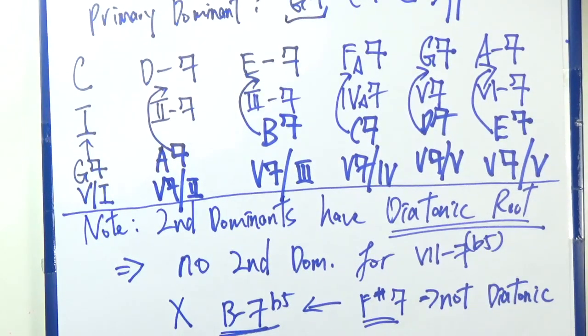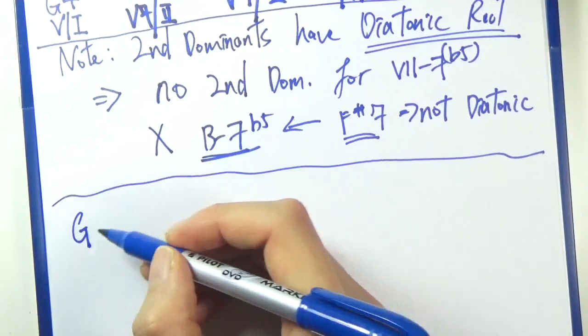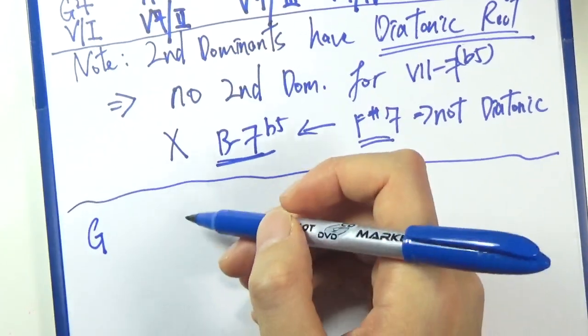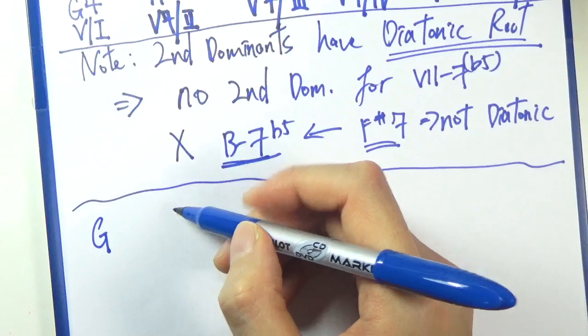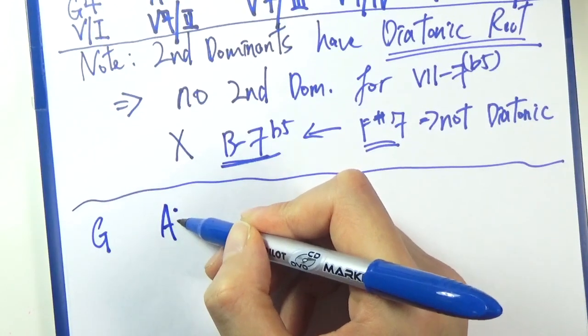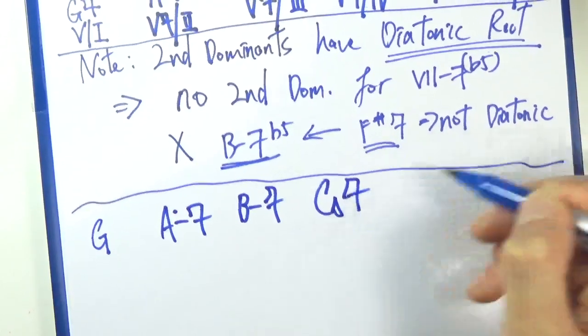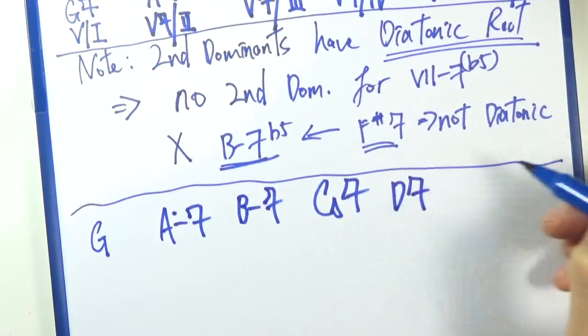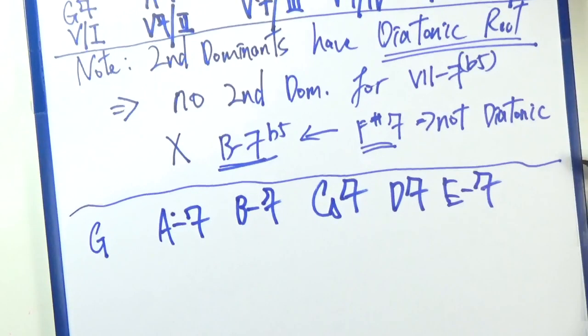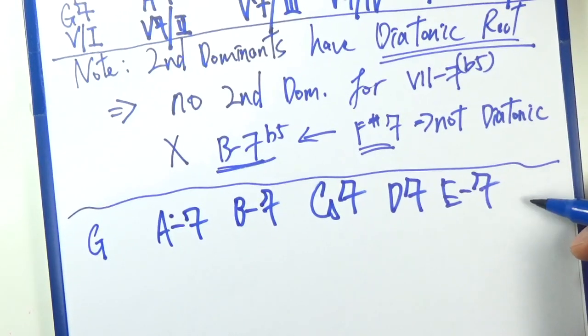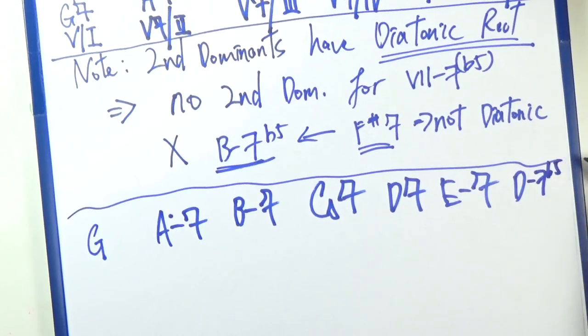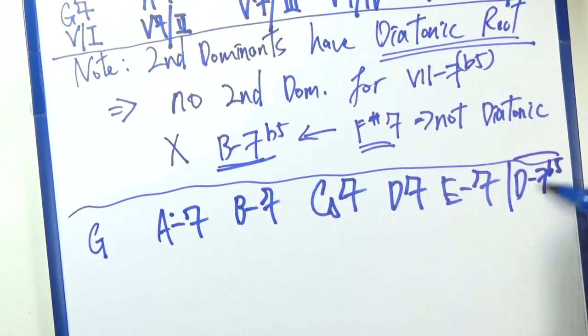All right, let's work out G major. First of all, let's write out all the diatonic chords. So G, A minor 7, B minor 7, C major 7, D dominant 7, E minor 7, and 1, 2, 3, 4, 5, 6, and then you would have F sharp minor 7 flat 5, but that one's not needed, right?